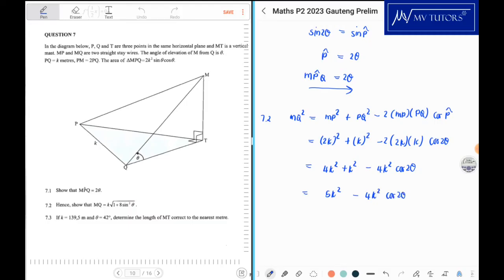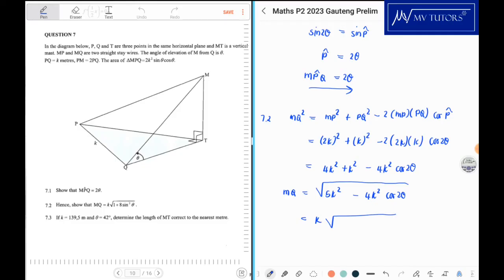Is this answer looking remotely close to what I'm supposed to be looking for? Well, at the moment it's not. So let's see how we're going to work that out. So this is now MQ. I'm going to start putting the square root over here. Now if I take K squared as a common factor, it's going to land outside there.